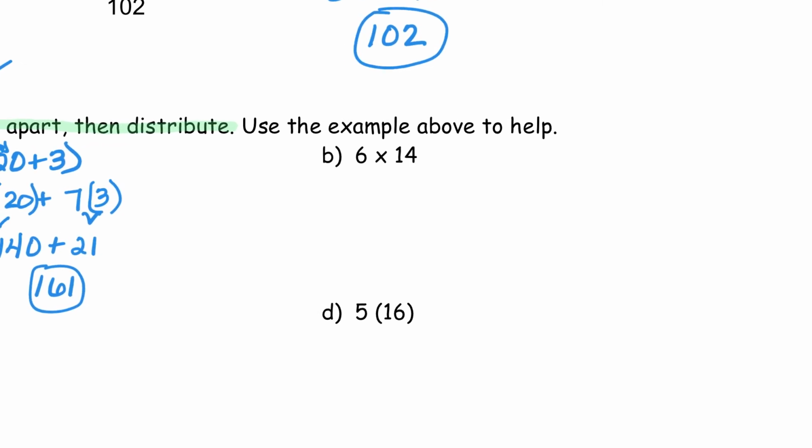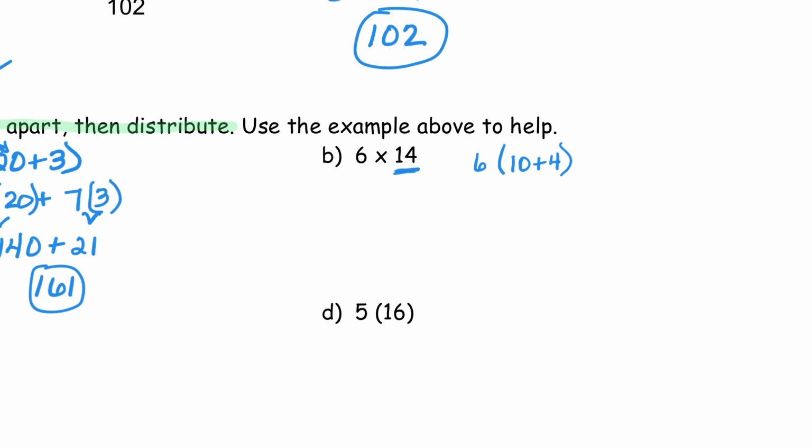Now it's 6 times 14. 6 times, now what number would go on the inside? The second number we're going to break apart. So we're breaking apart the 14, so that would be 10 plus 4. 10 plus 4 is 14. Now I'm simply going to distribute.